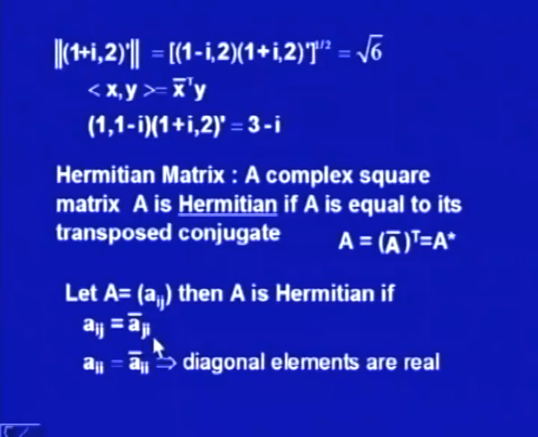However, if j is equal to i, then Aii is equal to A bar ii. That means the diagonal elements are equal to their conjugates, and this will happen only when the number is a real number. So if we have a Hermitian matrix, then diagonal elements will always be real.